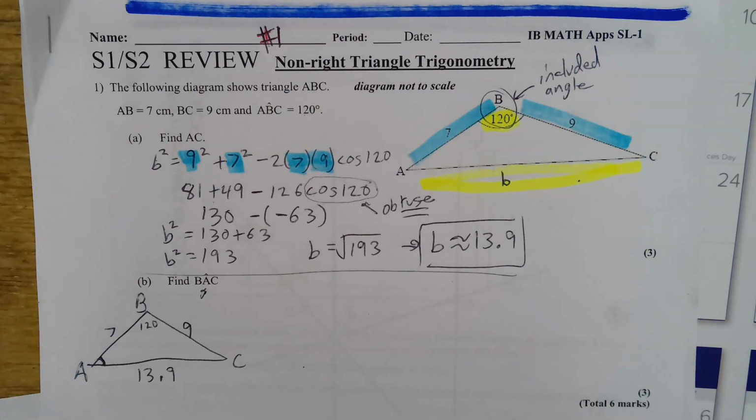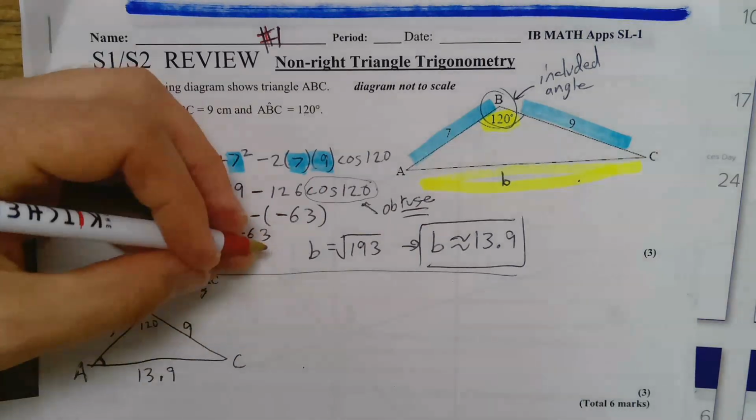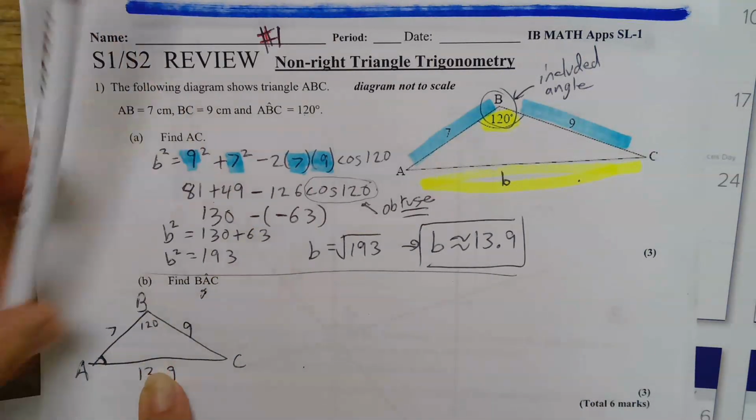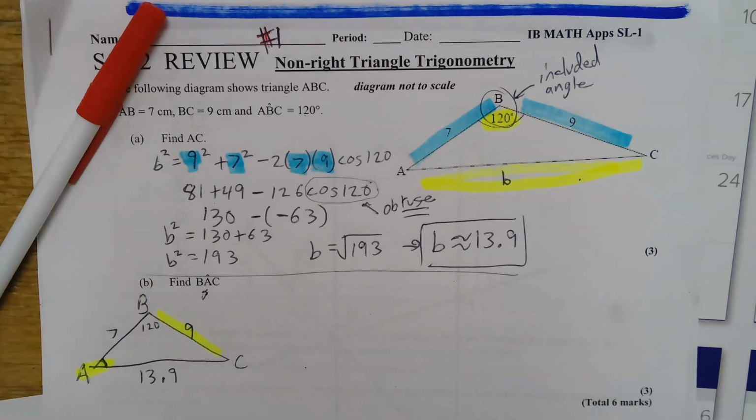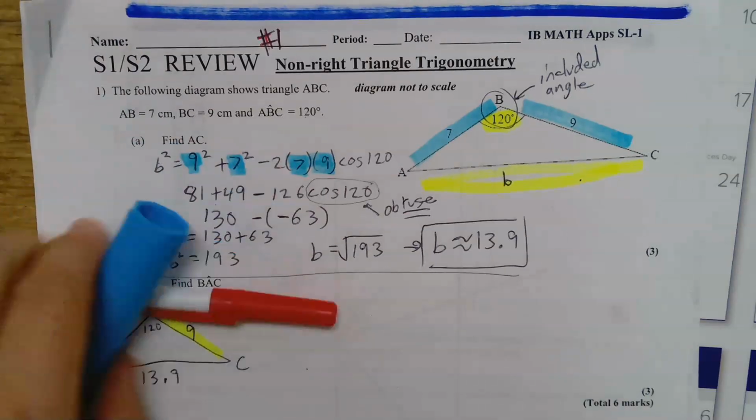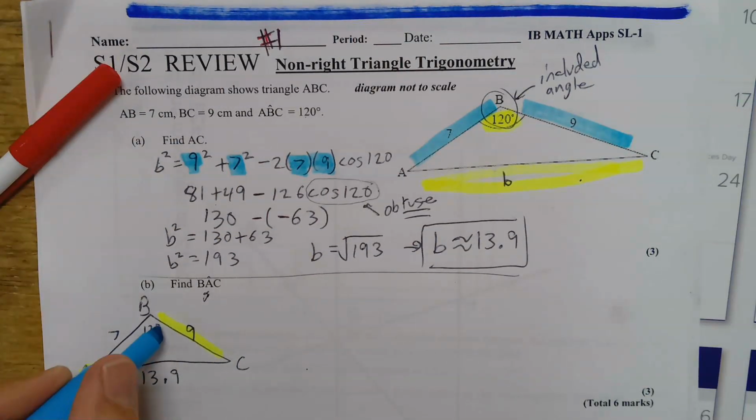Let's see, BAC. Okay, so if I use law of sine, I've got angle A and this, and I've also got 120 this.